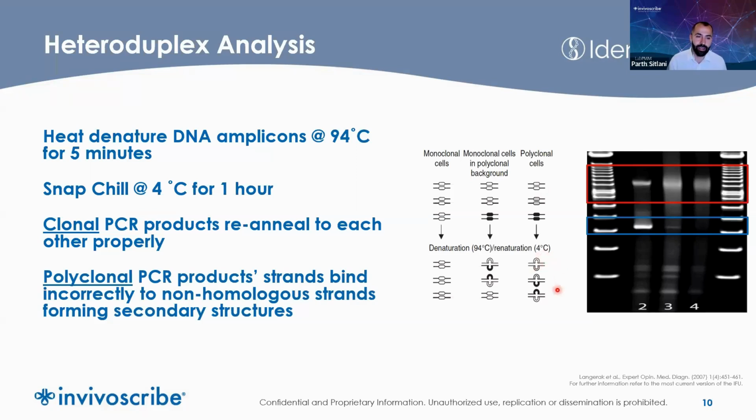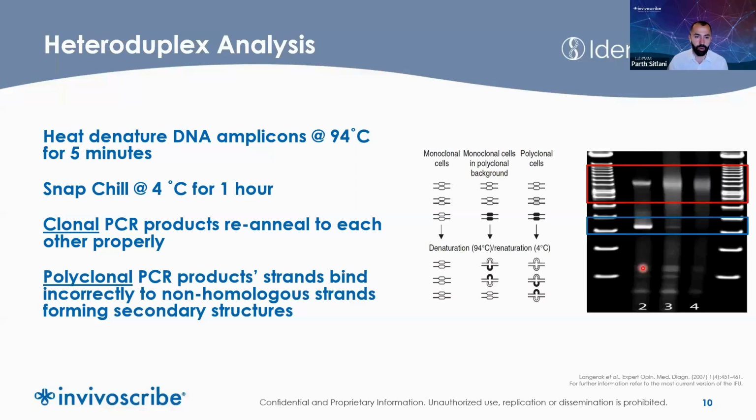And what that means is that there is secondary structure, hairpins, and loops that are formed that end up causing these molecules to traverse very slowly through the gel and cause a smear or really even get stuck up at the top of the gel. So we know that within our valid size range here in blue are potentially clonal rearrangements, and up here in red are sequences that did not travel through the gel due to secondary structure.